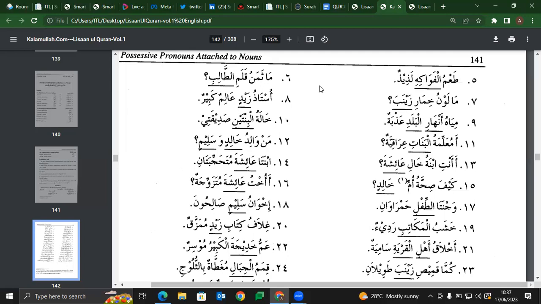Khimari is again mudaf of Zainaba, and Zainaba is mudaf ilayhi of khimar. So it will be ma launu khimari. Ma lawnu khimariha.